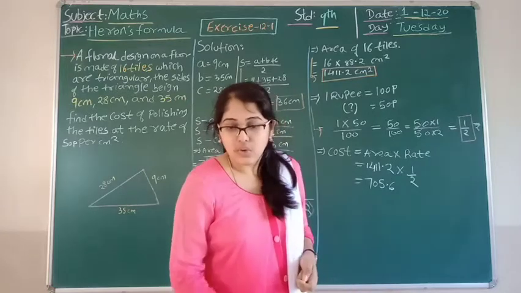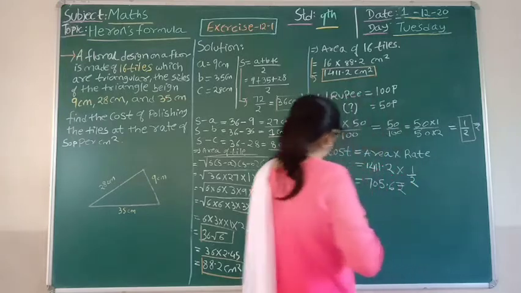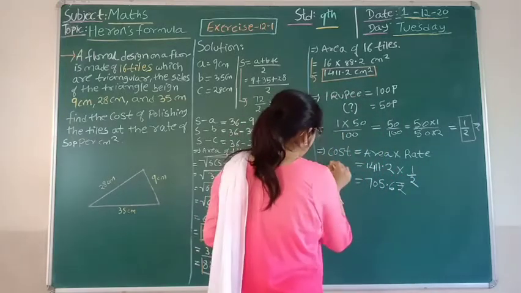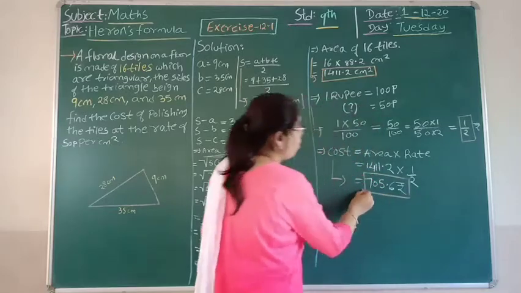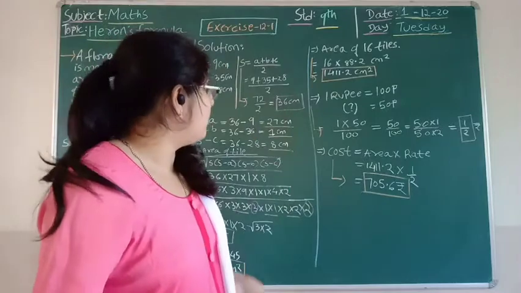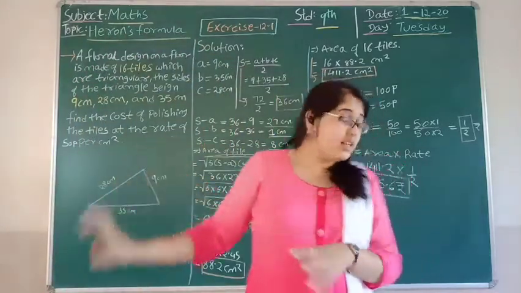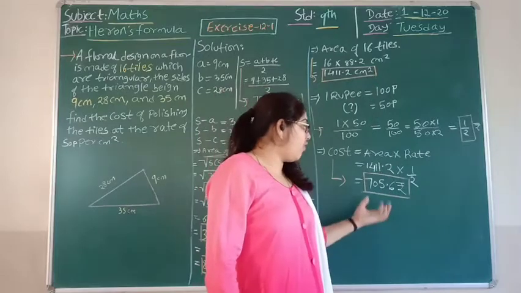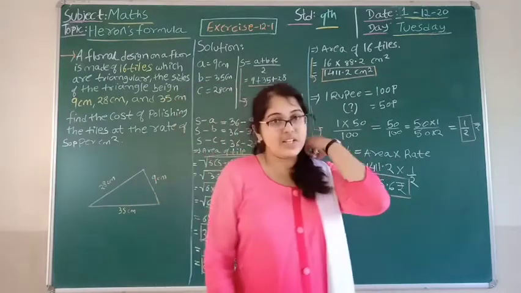And this is how we are getting this as the answer. Right? So I can say the cost of polishing the tiles as per the given rate is 705.6 rupees.